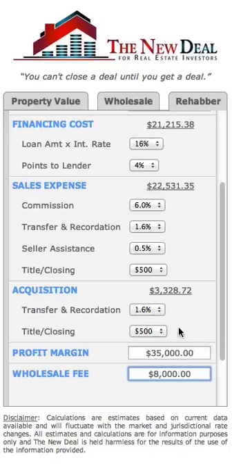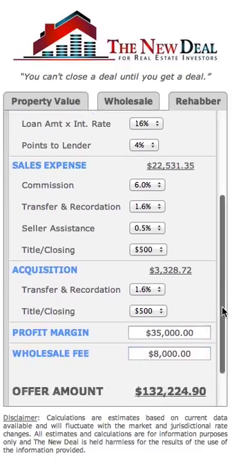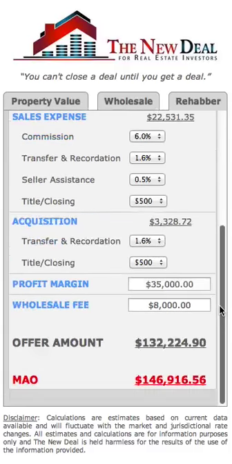So once we enter all those numbers in, we can see that the initial offer amount that you, knowing that you're going to rehab this home, would make is $132,224.90. And the maximum allowable offer, the MAO, would be $146,916.56.